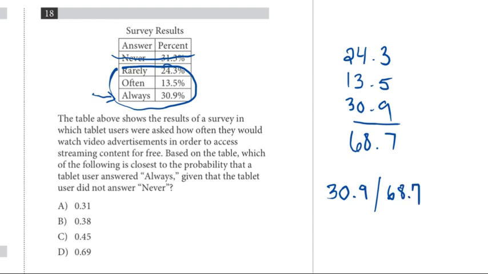Now, if you look at your answer choices, they're kind of spread out pretty far here. You can almost estimate what that would be, but let's just divide here. You can do that on your calculator. So 30.9 divided by 68.7, and you'll get 0.449, and that is closest to 0.45.